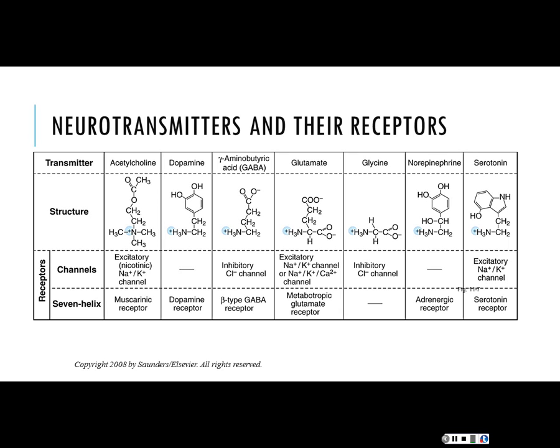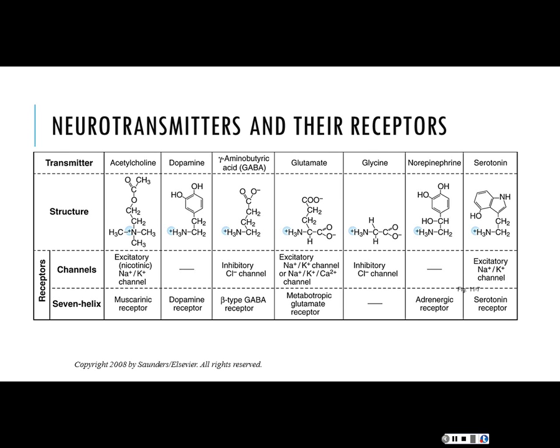Acetylcholine can bind to receptors that act as channels, or it can bind to receptors that activate a second messenger, the G protein. The name for the receptors for acetylcholine that act as channels is here in parentheses. What can we call these?